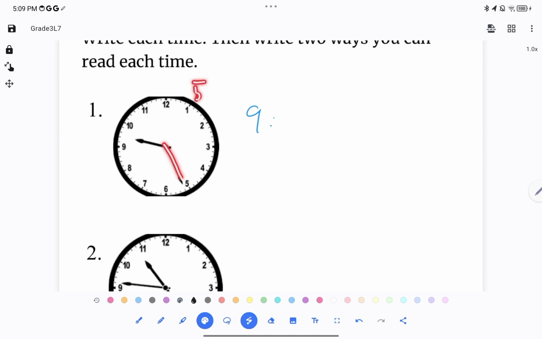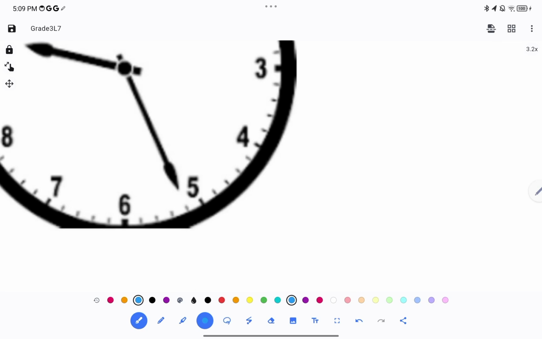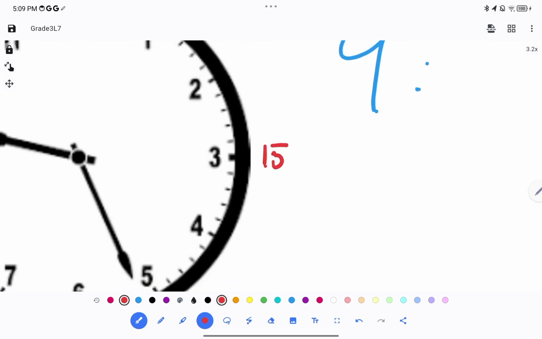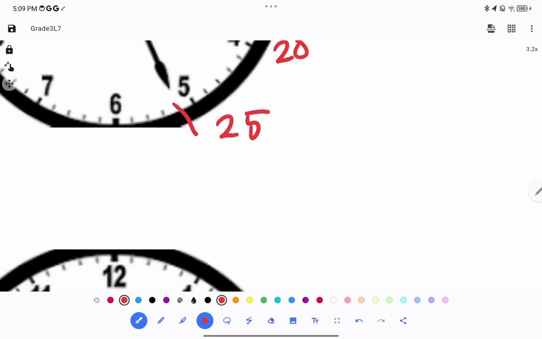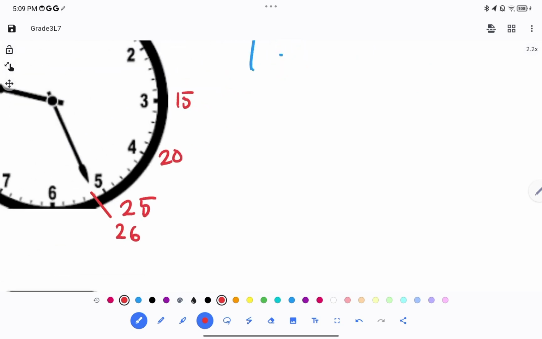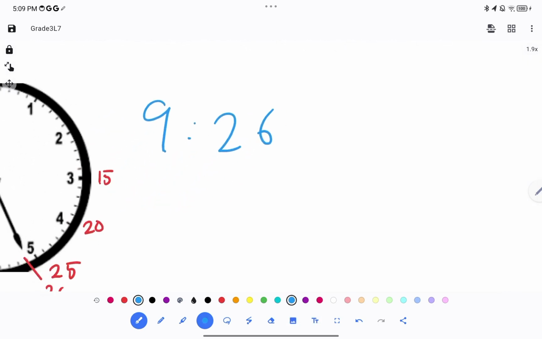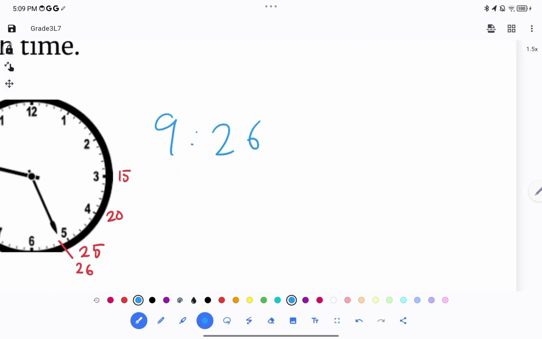You read the minute by 5s: 5, 10, 15, 20, 25, and it's pointing one small tick after the 5th hour mark, so this would be 26. So it's 9:26.